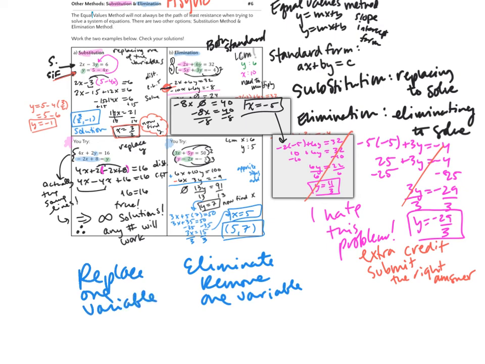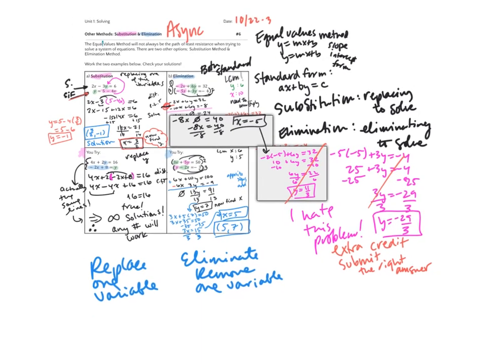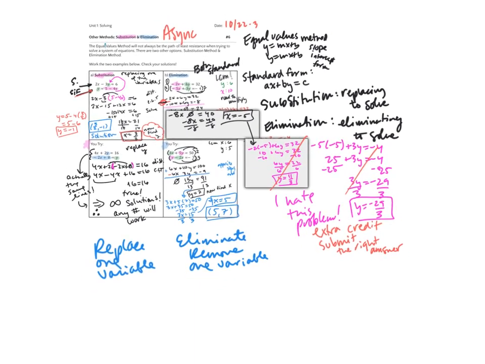So again, if you find my mistake, please let me know what happened. And I am very curious as to what in tarnation did happen. So you're going to practice some on your own and also try to match some graphs. So just try new things.